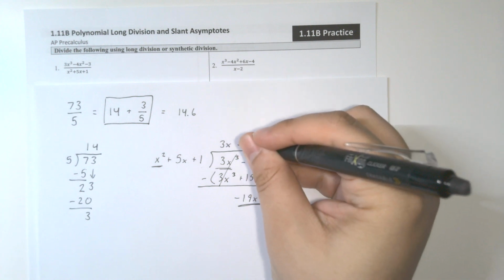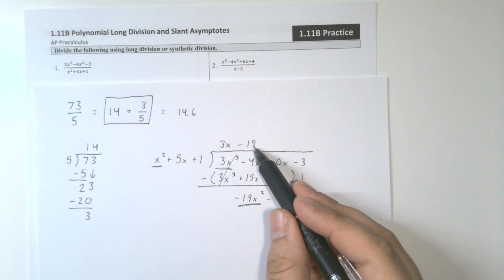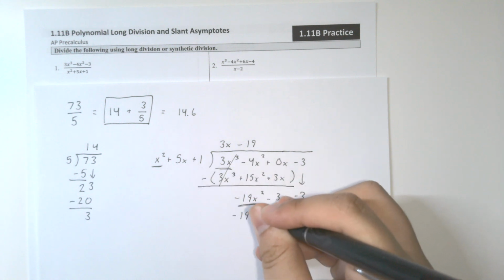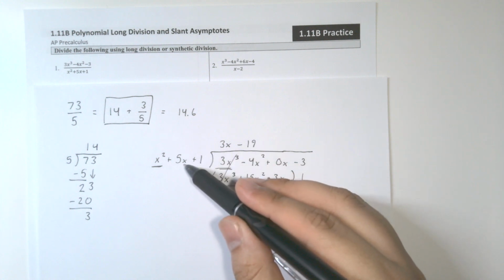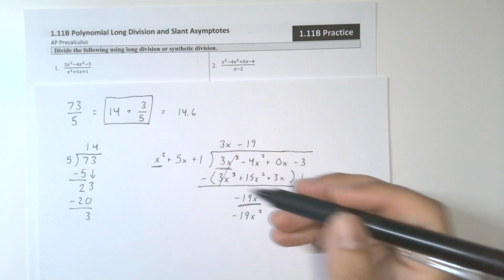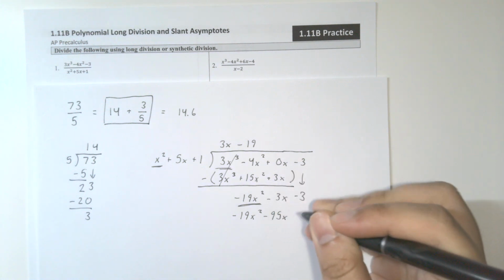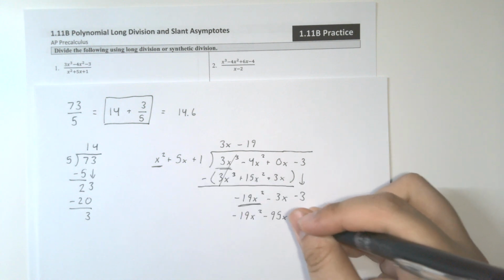And so our answer for that would be negative 19. And so now negative 19 times x squared is negative 19x squared. Negative 19 times 5x is going to be negative 95x. And then negative 19 times 1 is going to be negative 19.